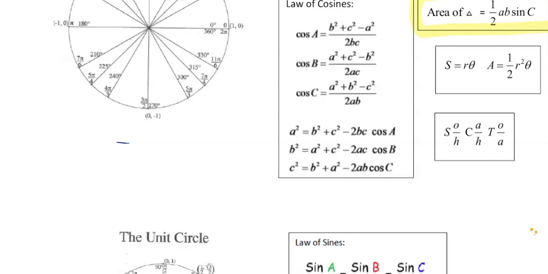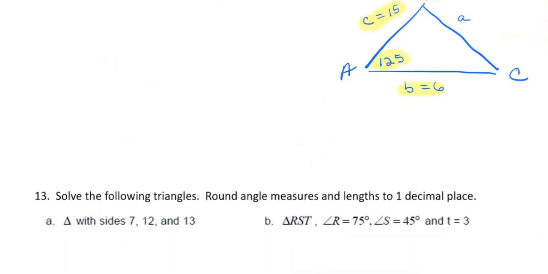And so let's go back into our assignment, and let's see, can I paste that there? I cannot. So let me just write that down. So what I want to use is area equals 1/2 AB sine C. Now, don't follow these letters.